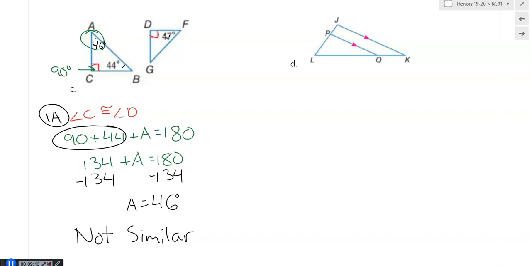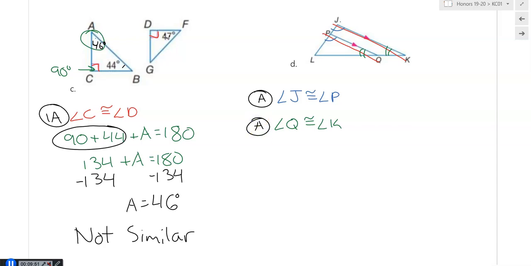Alright, our last example. Again, we have these parallel lines. And those parallel lines create those congruent angles. Angle J is congruent to angle P, right? And then I have angle Q is congruent to angle K. And look at that, I have an angle here and an angle here.